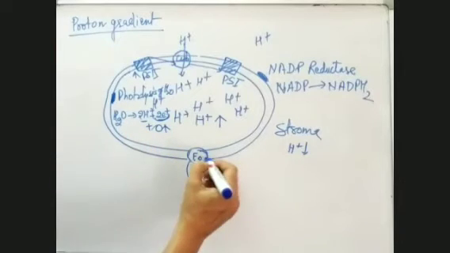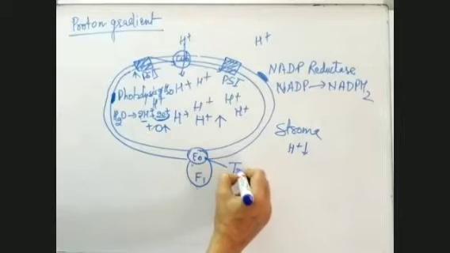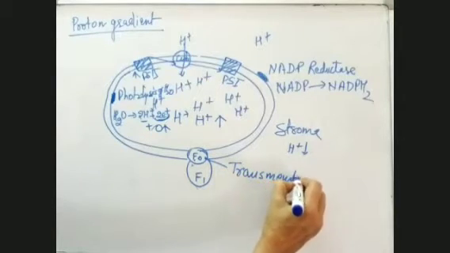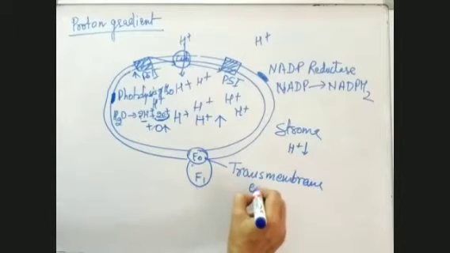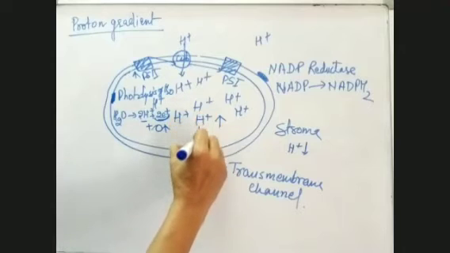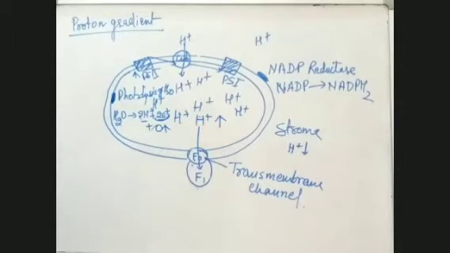That means this F0 is also a transmembrane channel. And through this transmembrane channel, the protons start moving out. This is as a result of the breaking down of the proton gradient.